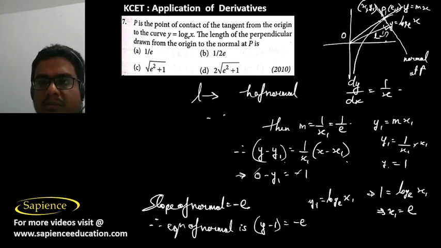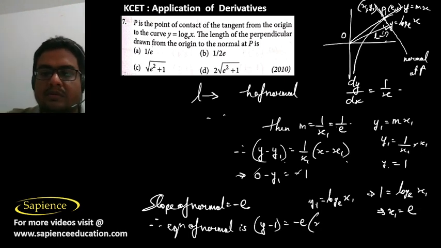The normal is always perpendicular to the tangent. So minus e into x minus x1.